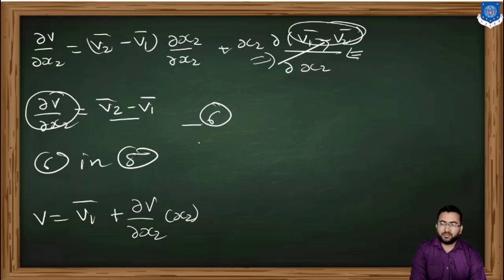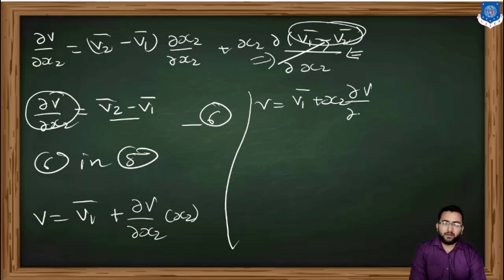Rearranging this equation, we get V is equal to V1 bar plus x2 into del V upon del x2. Again rearranging by making V1 bar the subject, it can be given by V1 bar is equal to V minus x2 del V upon del x2.